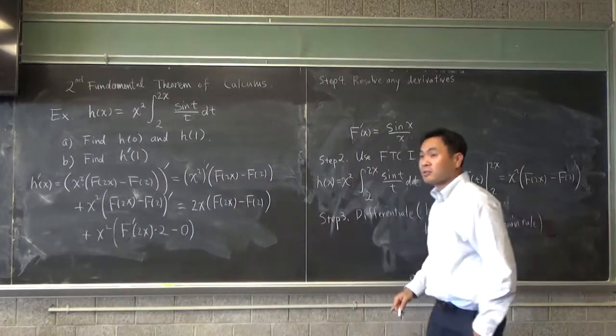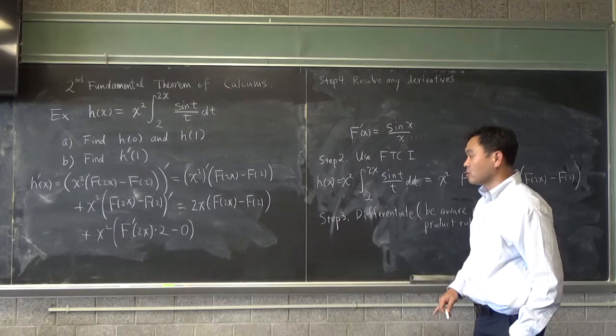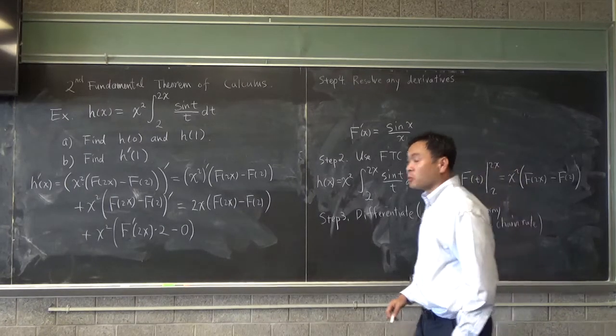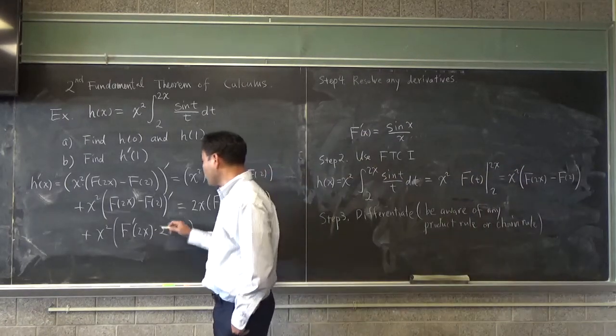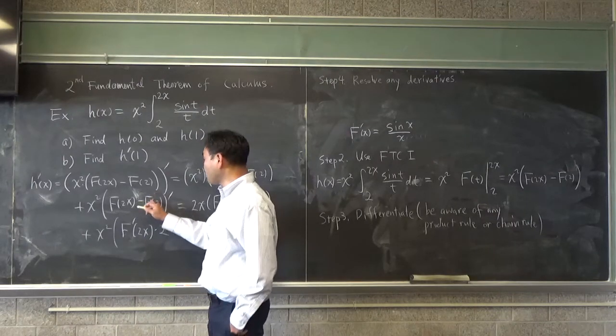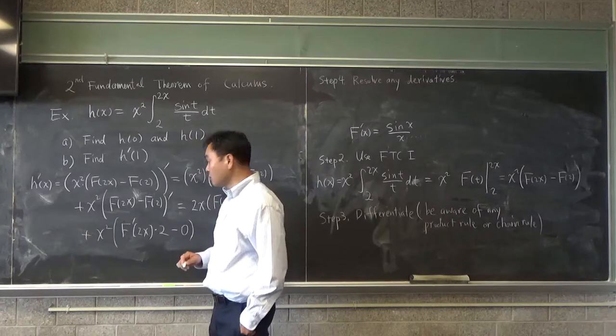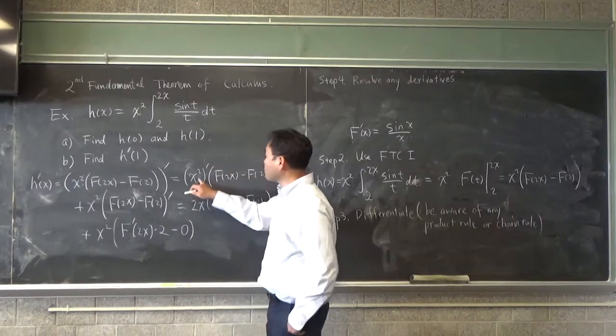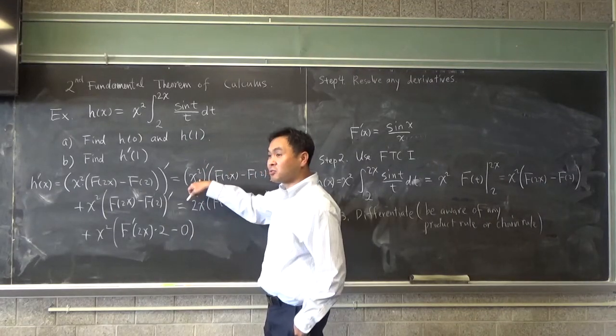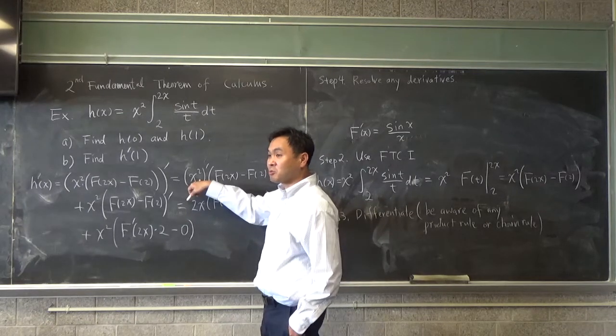Wait, so why would you use the chain rule only on one of the x's? You can use both. I said you can use both, right? If you use chain rule here, it's F prime of 2 times 2 prime. 2 prime is 0, so it's 0. No, I'm talking about like this is the 2x. Oh, this one, x squared is not a nested function, so there's no need for chain rule.